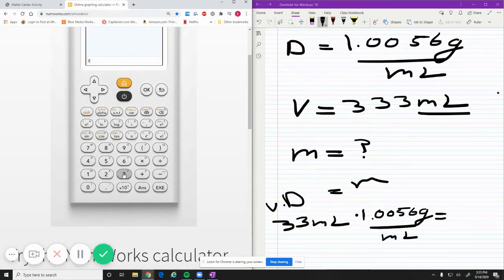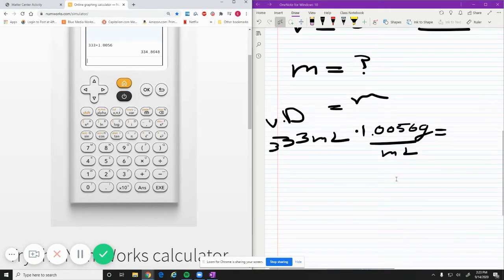Okay, so I have, sorry, I forgot that 3 down here. 333 multiplied by 1.0056 is equal to 334 point, and I'll write the whole thing at first.